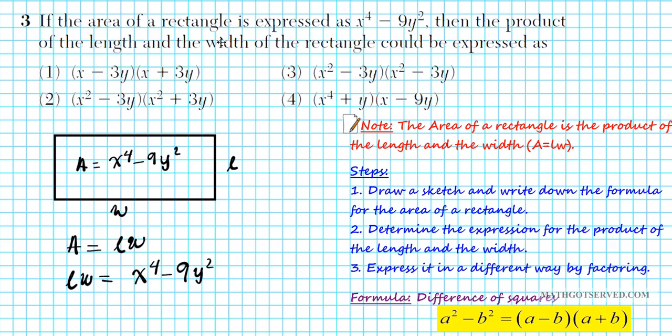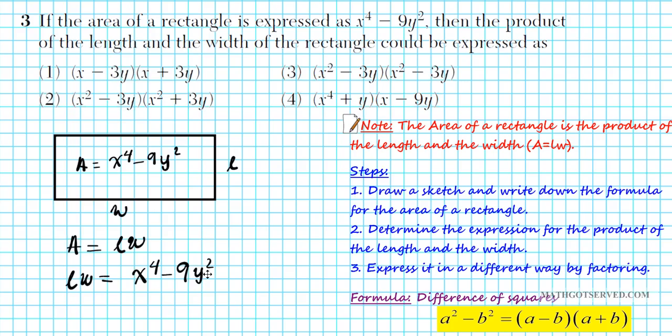Then the product of the length and the width of the rectangle could be expressed as, what is the product of the length and the width? It is the area. It's exactly this right here, okay? So how come we have other things here? Well, the process that was used to alter the look of this expression is factorization, okay? We're just changing how this looks.